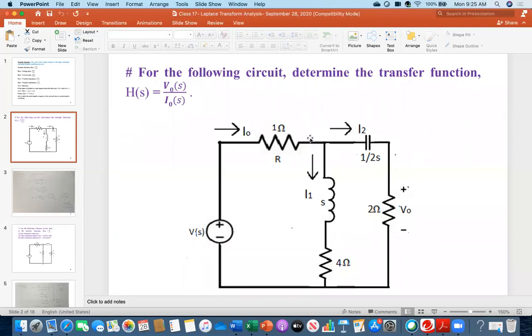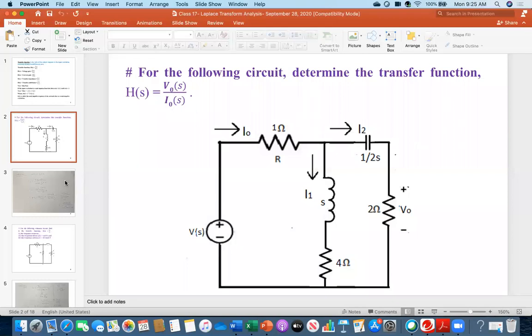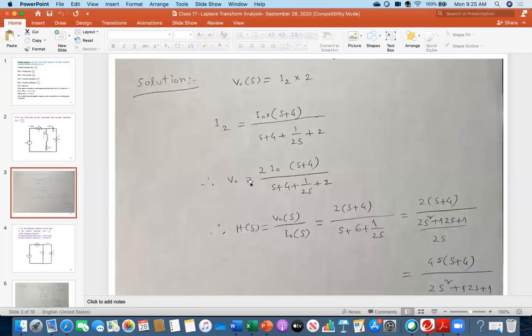The current divider rule is that total current I0 multiplied by this impedance S plus 4, divided by S plus 4 plus 2 plus 1 over 2S. This is the current divider rule. And then this is the V0 that I have already written. Just substitute. And then look at the problem. The problem is V0 over I0. So then just take the ratio. Already you can see it is V0 here and I0 here. And the rest of the thing is just calculation and simplification. So everybody is fine.